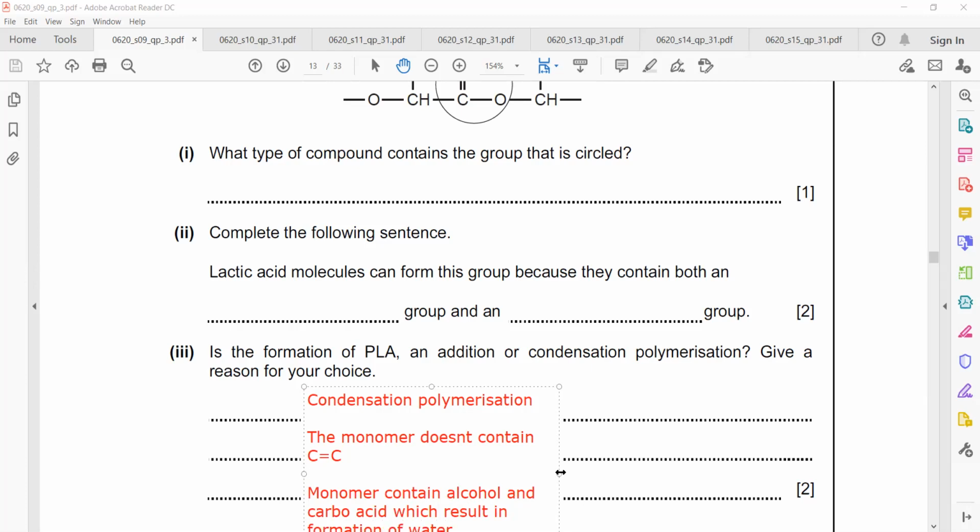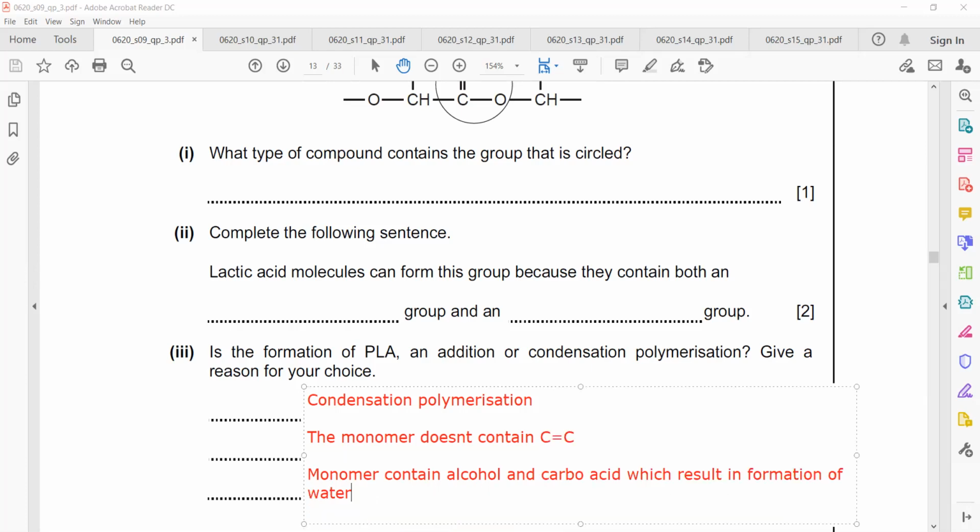So as a result, the water molecules will be released or given off. That's why this polymerization is a condensation polymerization.